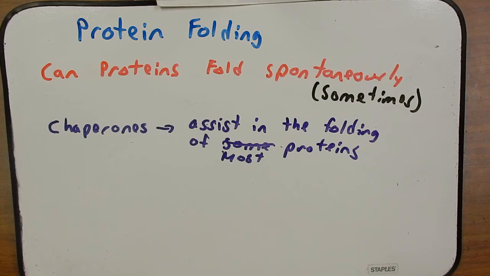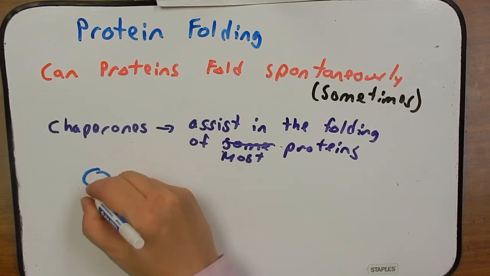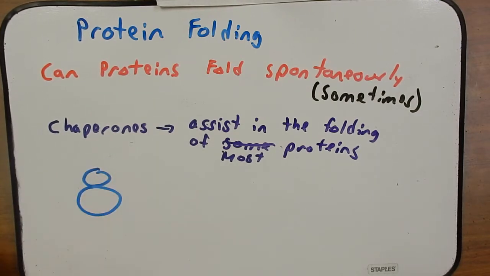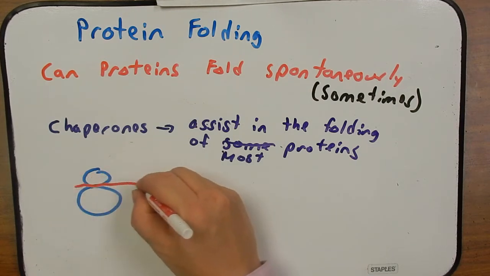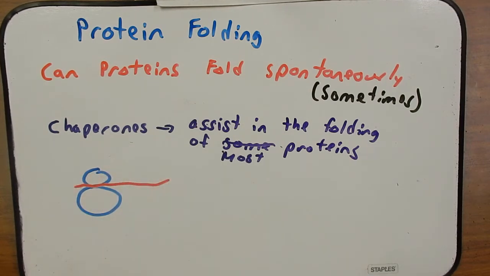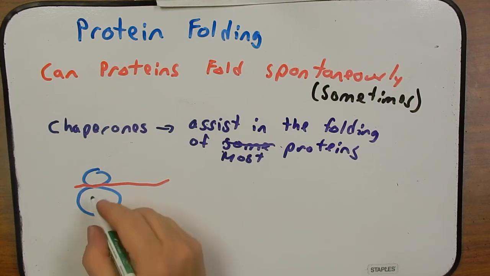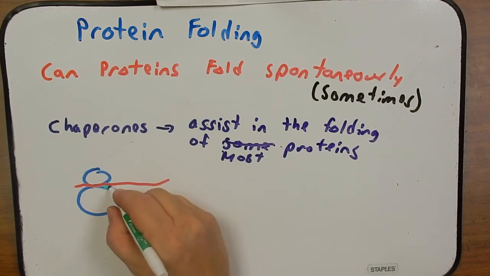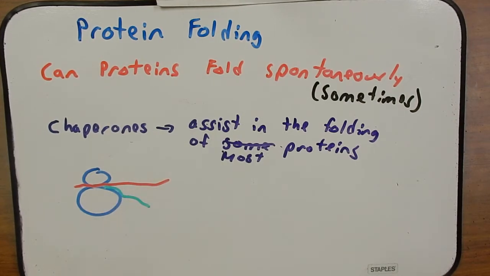And even the ones that can fold spontaneously, we often find in physiological conditions, they will use chaperone type proteins. So I'm going to draw a ribosome, as lovely as it is here, and this ribosome will have a messenger RNA being fed through it. And as this messenger RNA is being translated into protein, we see protein coming off the side here.